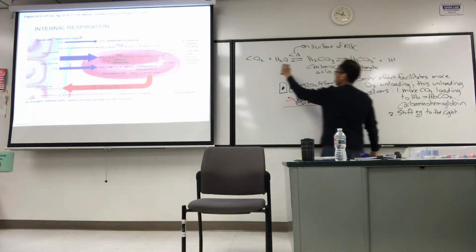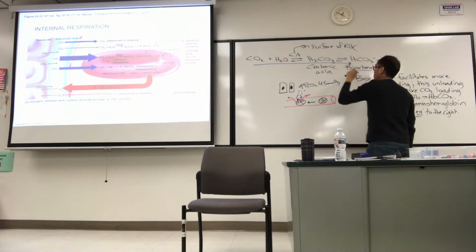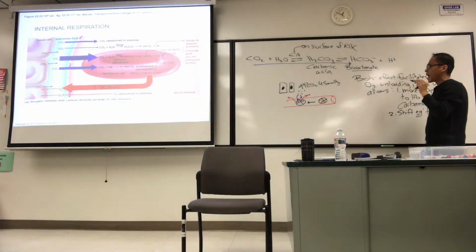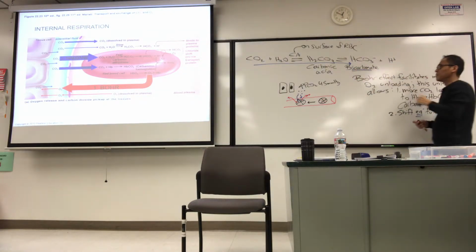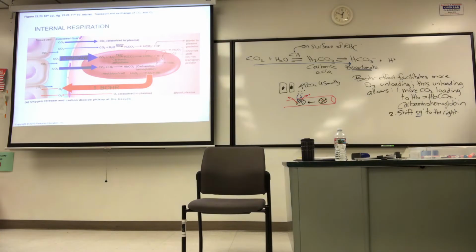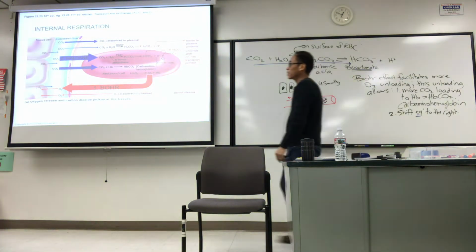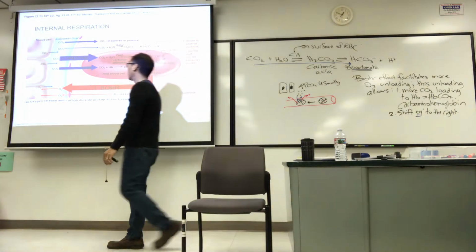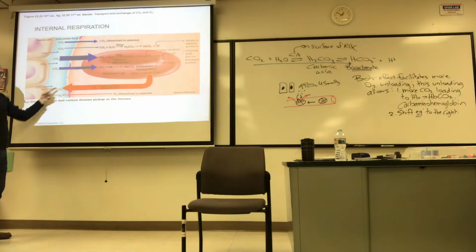You're shifting it this way. You're trying to get carbon dioxide into the form of bicarbonate because that can be soluble in the plasma. Look what happens on the cell surface. Okay, number one, Bohr effect, more O2 gets off the bus.